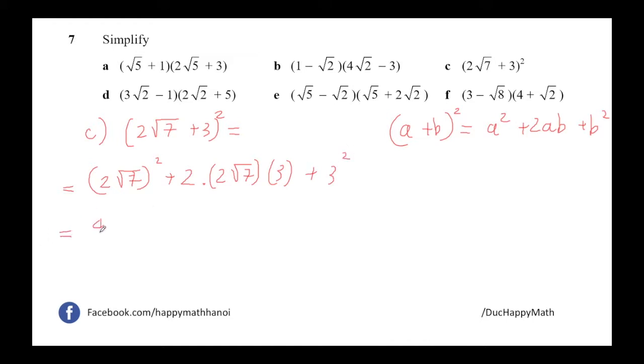This means 4 times 7, because square root of 7 times square root of 7 is 7, and plus 2 times 2 is 4, 4 times 3 is 12, and 9. 28 and 9 is 37, and plus 12 square root of 7.